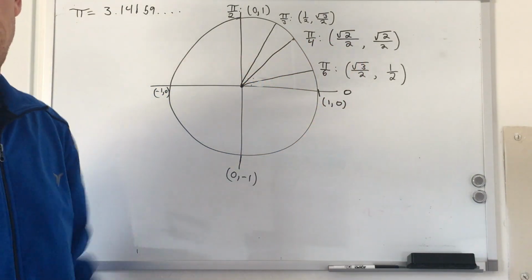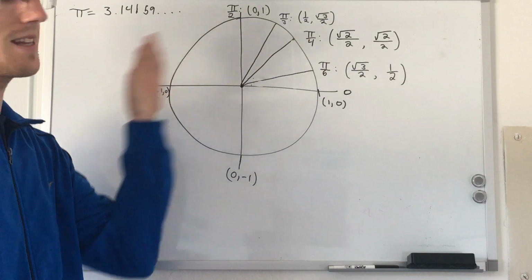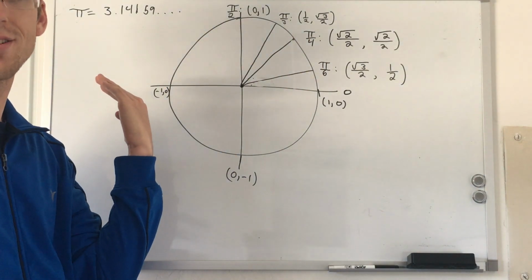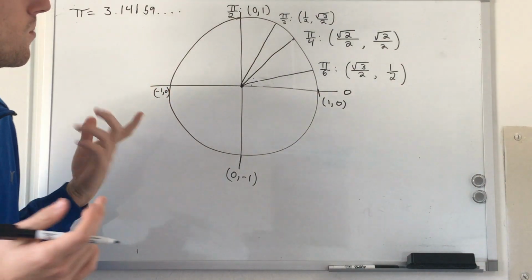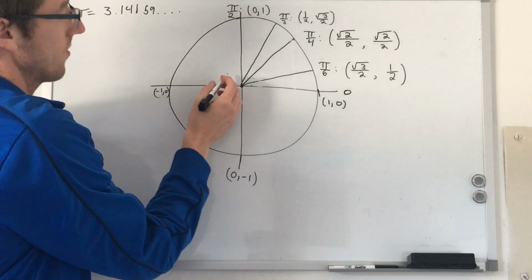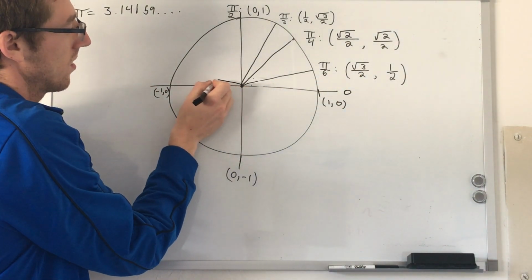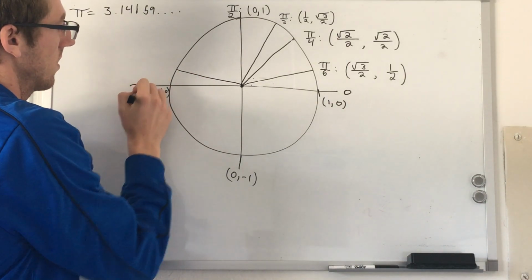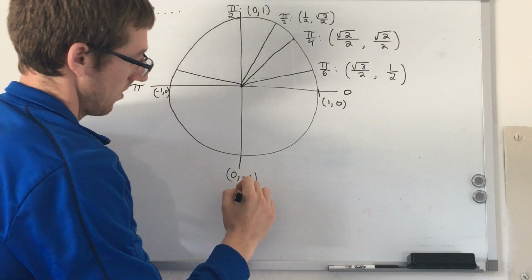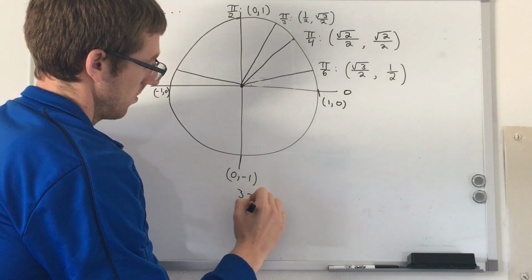What's great about being a circle is then it just repeats on the other side. You just have to look whether the x value is negative or positive. So if this is pi over 6, and this value is pi here, and this value is 3 pi over 2.